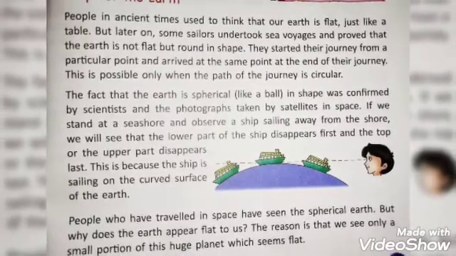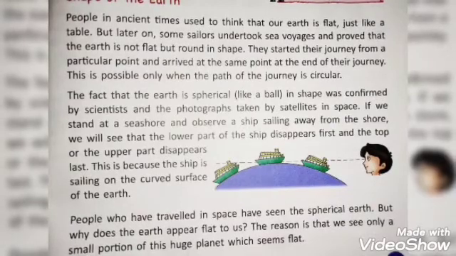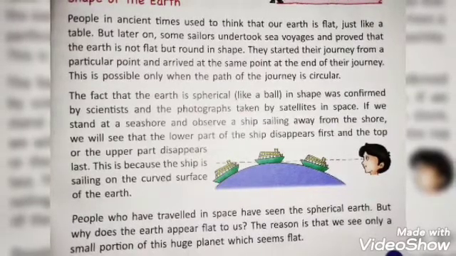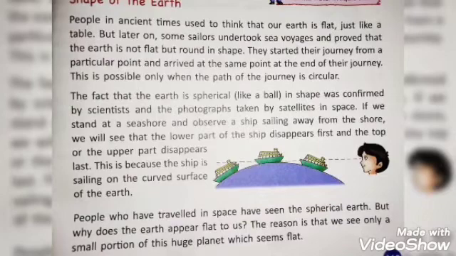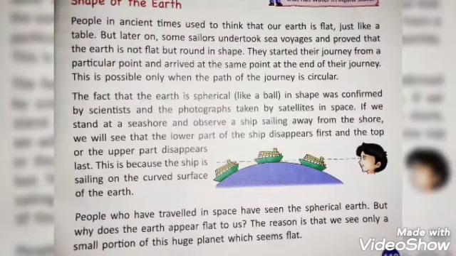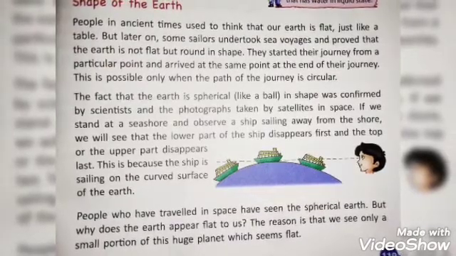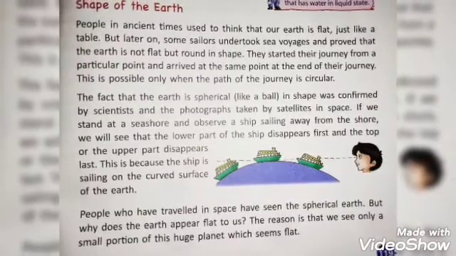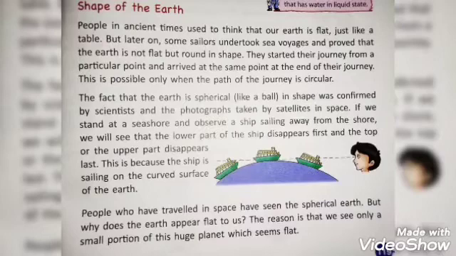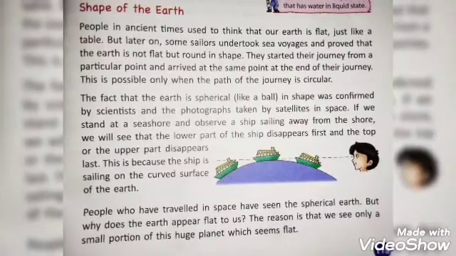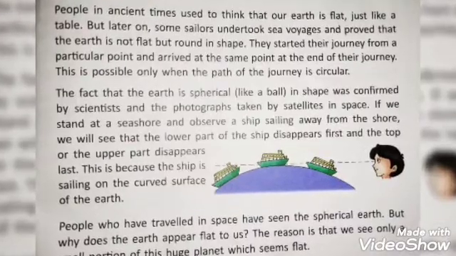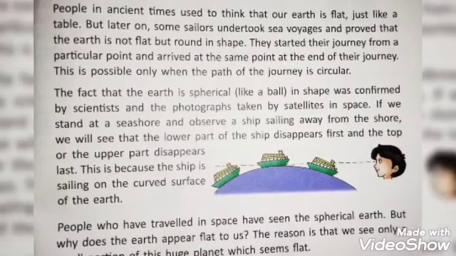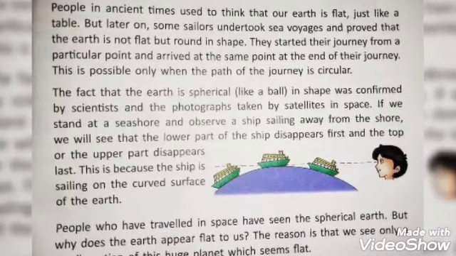So, children, in ancient times, people used to believe that Earth has a flat shape, or Earth is flat. But later on, some sailors who sail boats and ships on the oceans and seas undertook this project to discover the shape of the Earth.